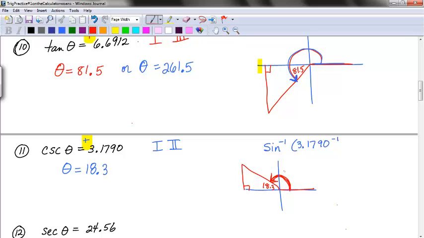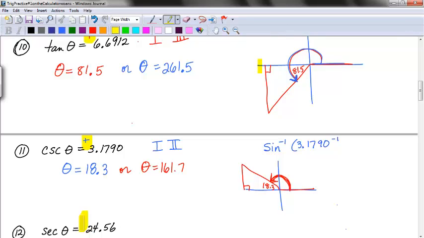So on your calculator, what you really need is 180 minus that answer (second function, answer, and that's above the negative key). And I get 161.7. Okay. Everybody all right with those?